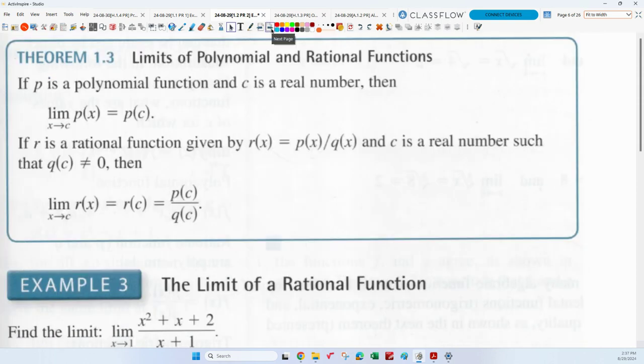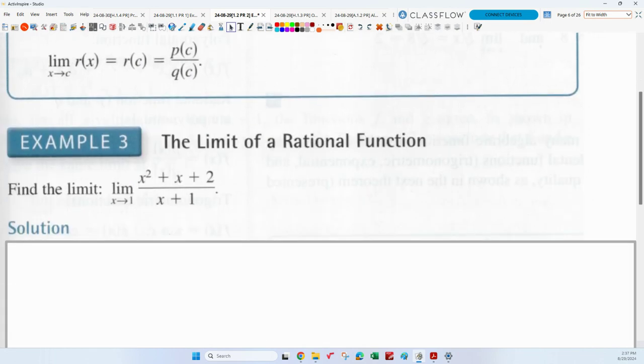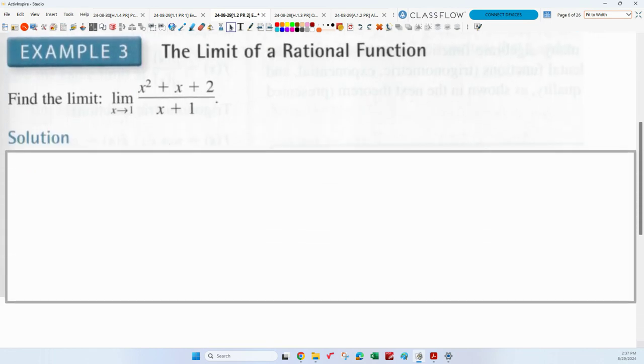Okay, what about rational functions? We already talked about that. Rational function, I can just evaluate the limit of the top and the limit of the bottom separately, which means I'm just going to get whatever I get on top and whatever I get on the bottom. An easier way to think about that is you're just going to use direct substitution. So for example, how about this guy? What's the limit of this rational function as x approaches 1?